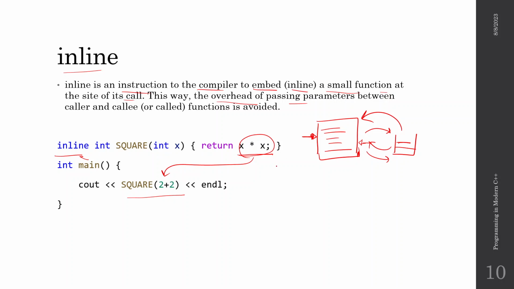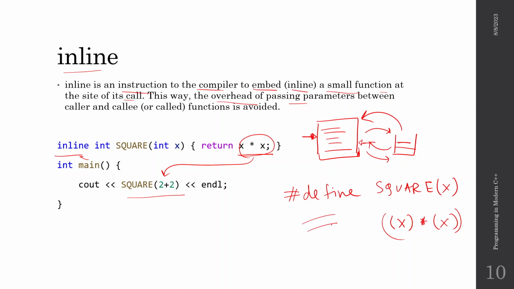The other thing is that previously in C there is something called a macro, where we can do something like #define square(x), and then write it as x into x. What is the difference between this macro and the inline function?